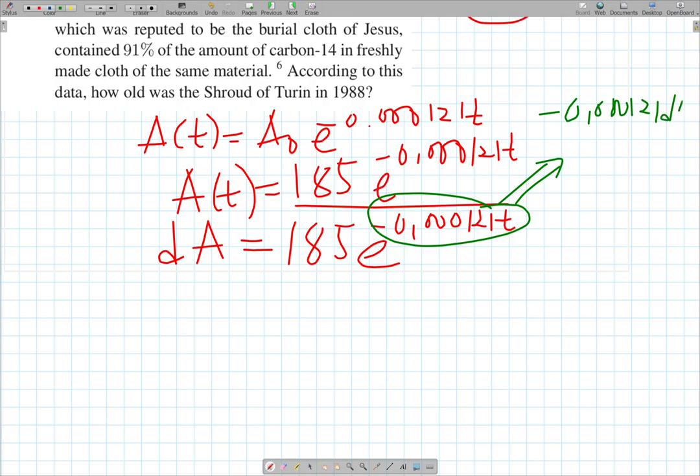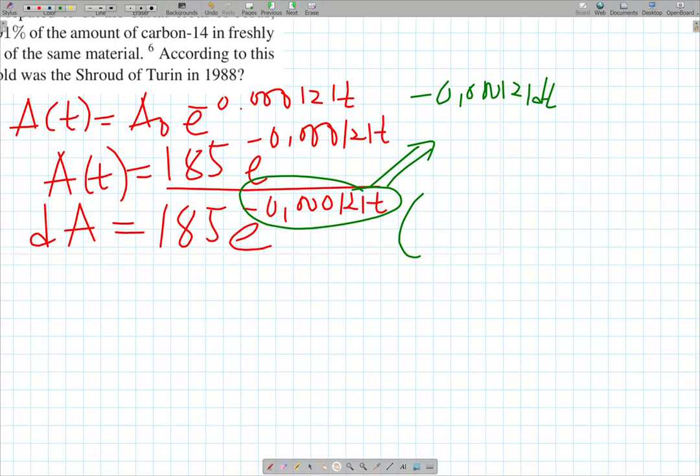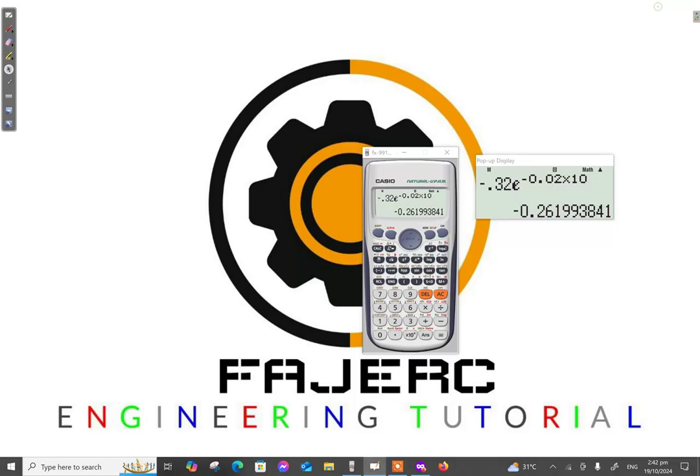Derivative of t is dt. So multiply natin dito. Tama na? Okay, multiply natin, no? Negative 0.000121 dt. So we can multiply 0.000121 to 185. So simplifying, no? Our dA is equals to, so multiply natin ang 0.000121 using calculator, negative, no?